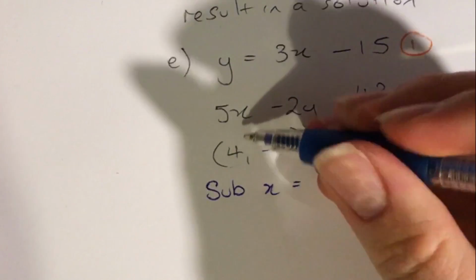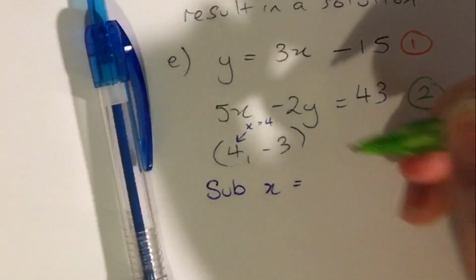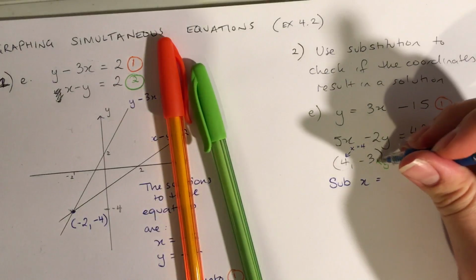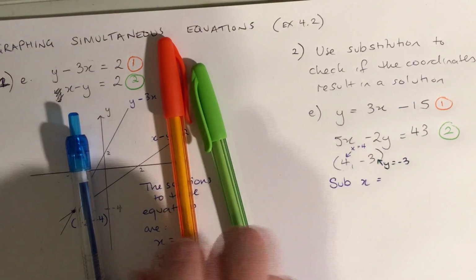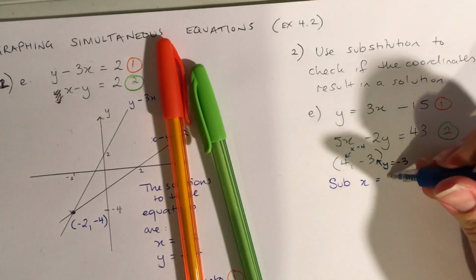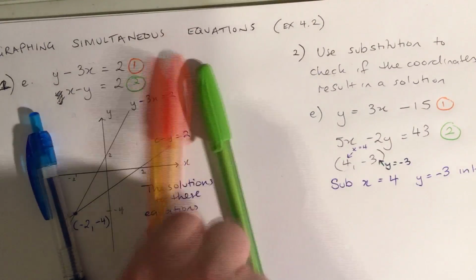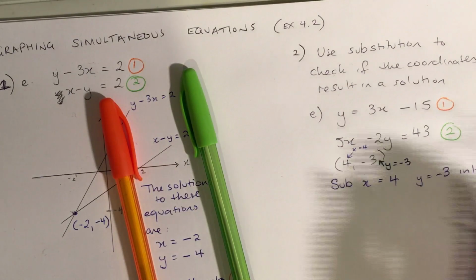Sub x equals 4, and this is y equals -3. Oh no, I shouldn't muck up my color coding. Oh, just ruined everything. Can't math now. X equals 4, y equals -3 into 1. So let's go and see what this results in.